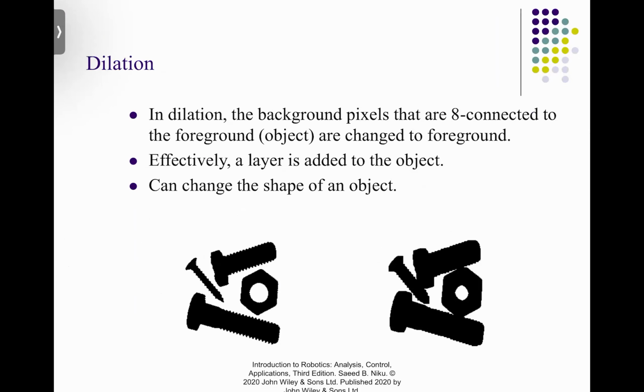Same thing in dilation. What you can do is you can have the connected pixels, and then you can add a layer to the object. And sometimes the dilation would actually change the shape. If you go to MATLAB, in Simulink, there is a block that can do the dilation.